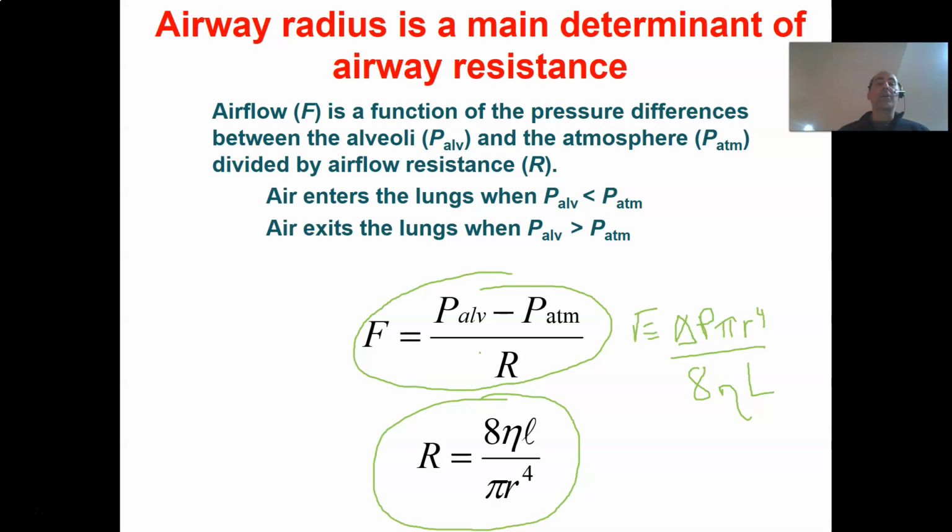So the pressure in the alveoli decreases, therefore forming the gradient down which air is able to flow. In order for air to exit the lungs, the gradient has to be reversed. And so the alveolar pressure now has to become positive compared to atmospheric. You should memorize or remind yourselves of these two equations.